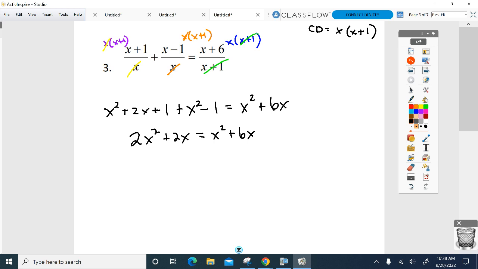You always want your x squareds to be positive. Correct. I always want them to be positive. So how's that going to happen if I move the left over, if I move the right over? Move the right over. Good. So everyone take your right side. How do I move x squared over? Subtract. Yep. How do I move the 6x over? Let's do it. Move it.